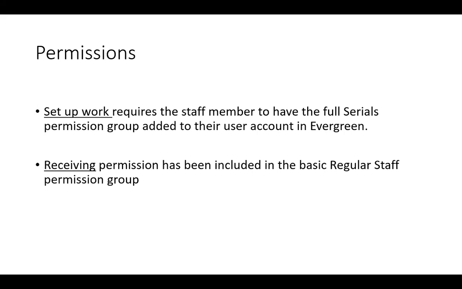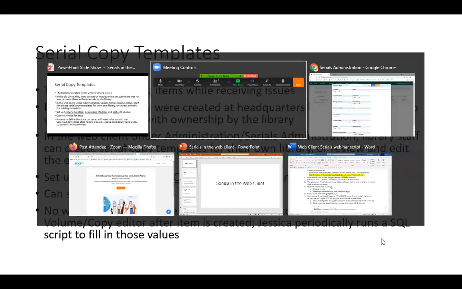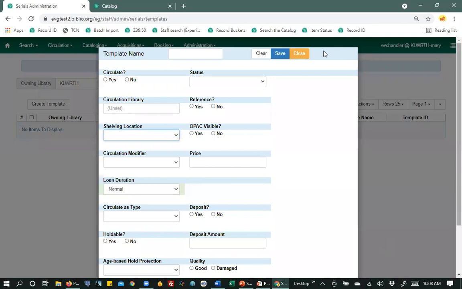And receiving belongs to everybody on your regular staff. Serial copy templates are the basis for creating items when you're receiving issues. You can create your own if you don't have them. If you're brand new to serials, you can create your own now. It no longer has to be managed by the central staff.